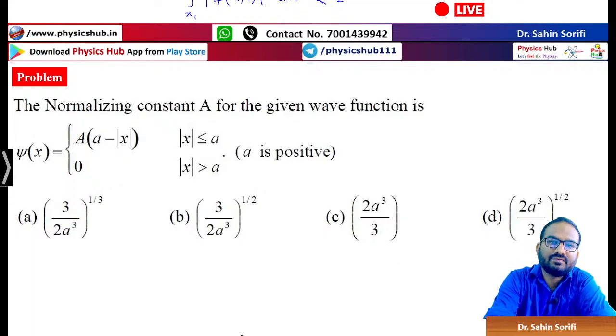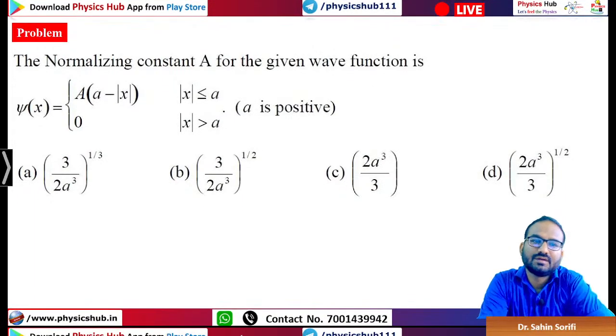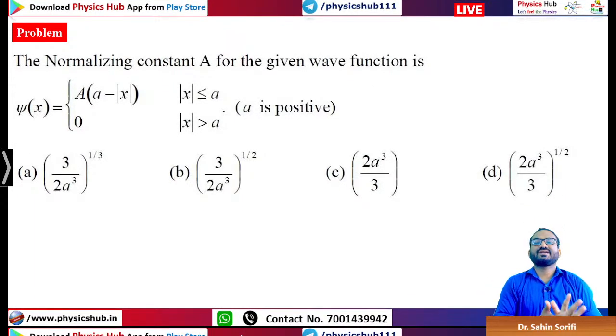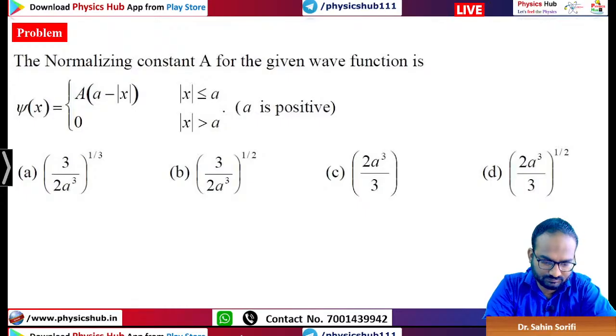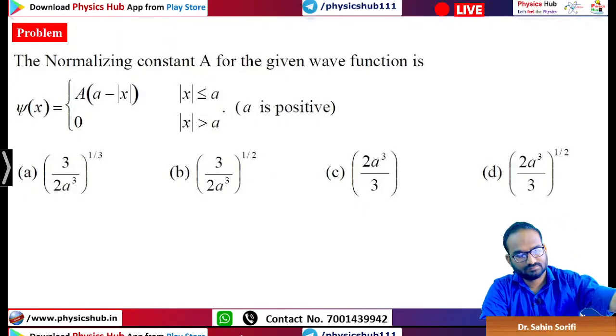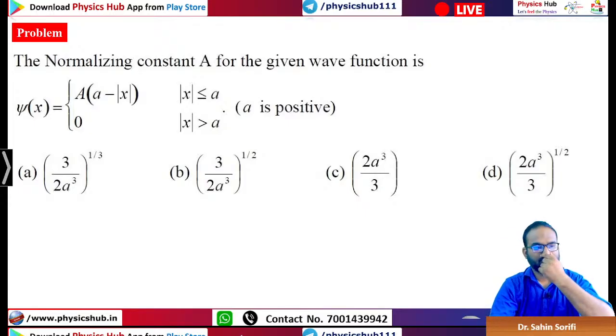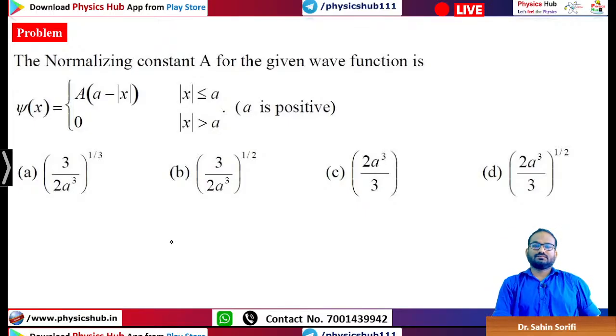let's do this one. The normalizing constant A for the given wave function is... look, mod x less than or equal to A. What does it mean?